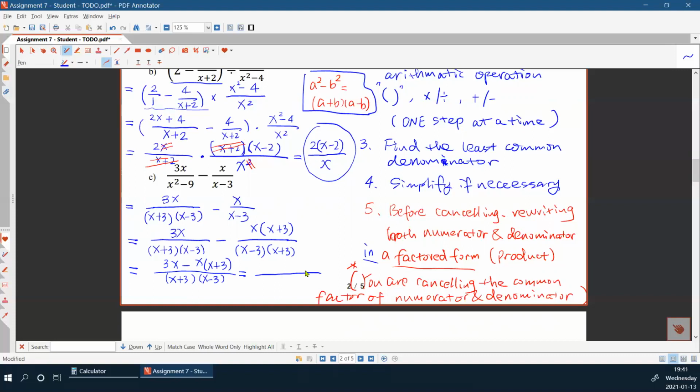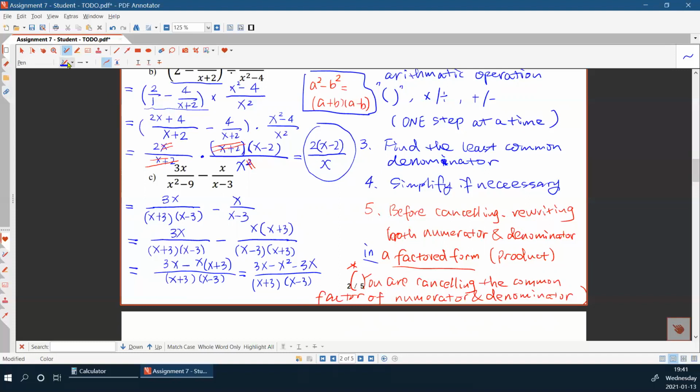So this is, and then we can try to expand the numerator. Why do we need to expand the numerator now? Because it's probable that you can cancel something in the numerators and then factor the numerator again and then cancel with the denominator again, right? So here, after the addition operation, then you expand the numerator.